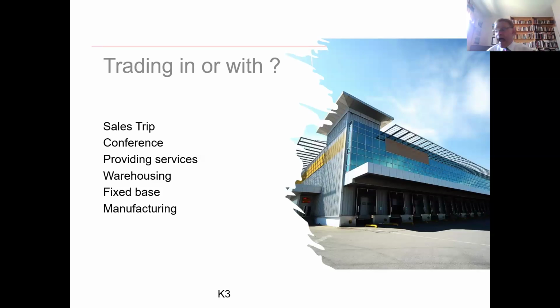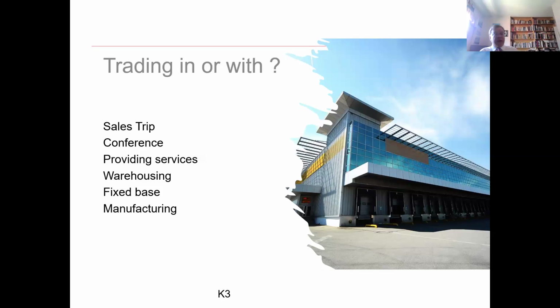In terms of warehousing, there is a carve out for that, where you are warehousing and storing your own goods rather than a business of storing other people's goods. But if you have a fixed base or manufacturing, that is trading in a jurisdiction rather than trading with.